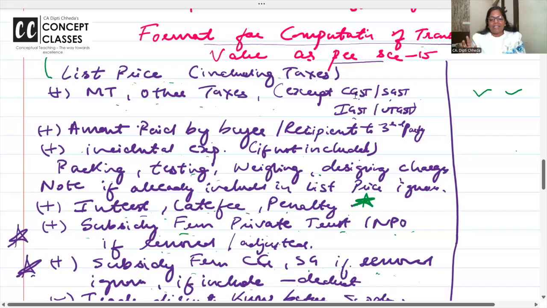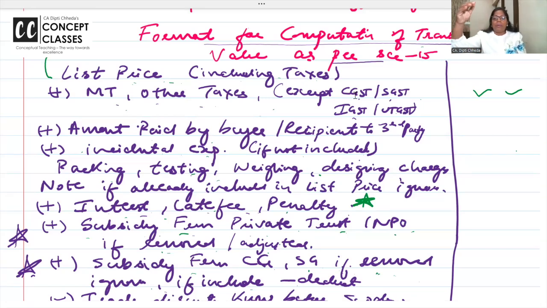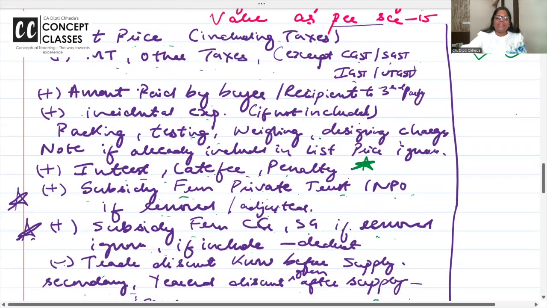In the list price, add municipal taxes and other taxes except the CGST and all. Add amount paid directly by the recipient or buyer to the third party. Add incidental expenses if not included above.